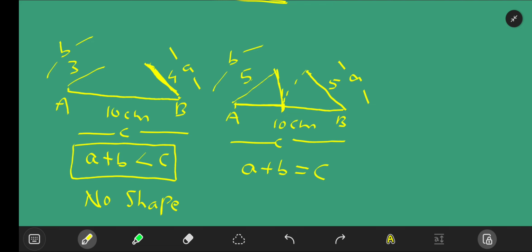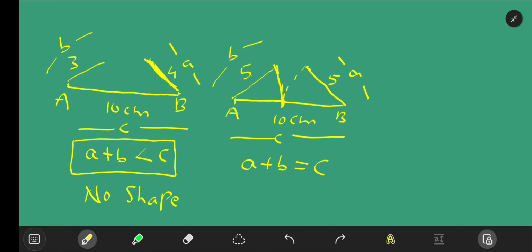Here also no shape will form, so they are called collinear lines.